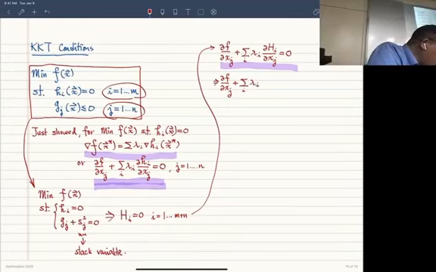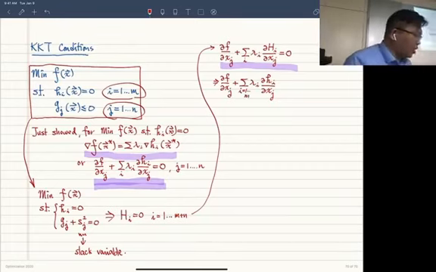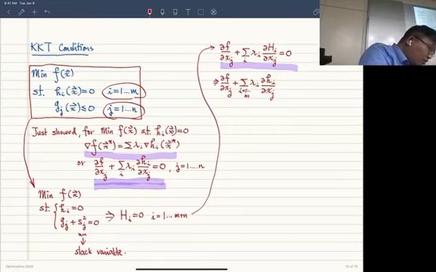So here should be small h of i and then xj. Okay, over here my i equals 1 to m, right? Because I have m of them. But how about the other ones? The other ones are in the back.